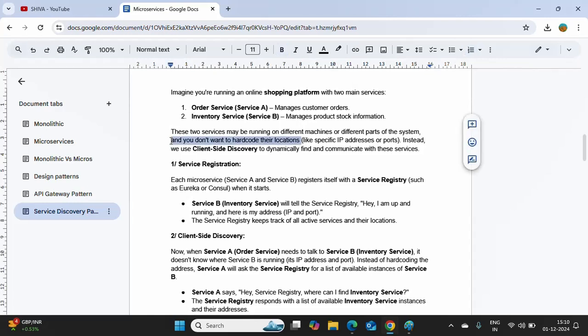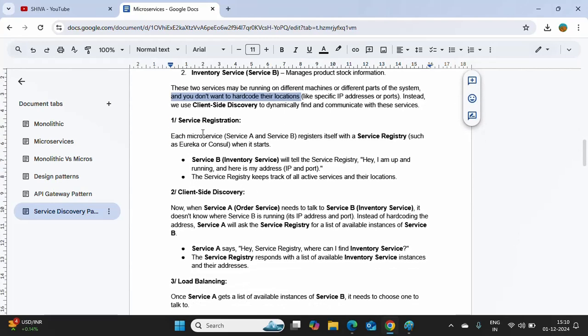If you want to use the service discovery pattern, the main intention is that we don't want to hard code the URL. Instead, use client-side discovery to dynamically find and communicate with each service. That means instead of hard coding the URLs, we use the client-side discovery pattern to dynamically find the IP address and port of the respective services, and communicate with them.